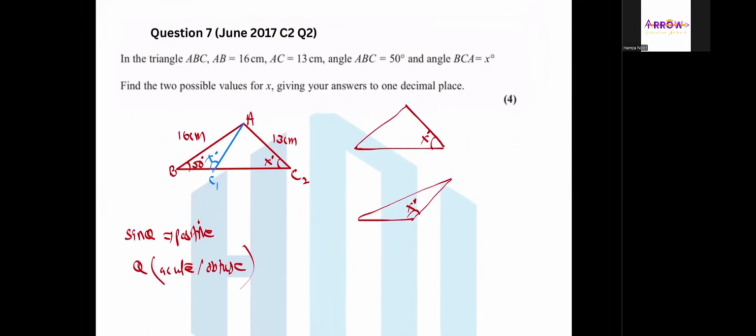All right, so what we are going to do is use the sine rule over here. I'm going to say sine B divided by AC, meaning the 13 length, is equal to sine C divided by the AB length.